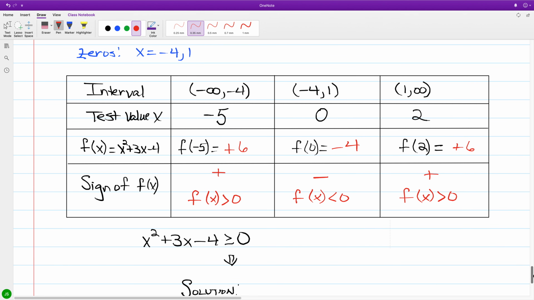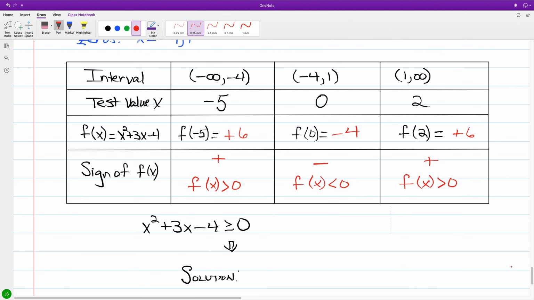Going back to our inequality, x squared plus 3x minus 4 is greater than or equal to 0, we're looking for those values of x that will make this polynomial function positive as well as equal to 0. With the equal sign, we have the potential of brackets along with the parentheses.